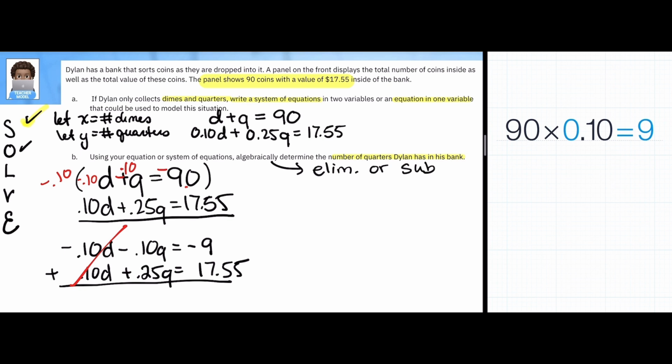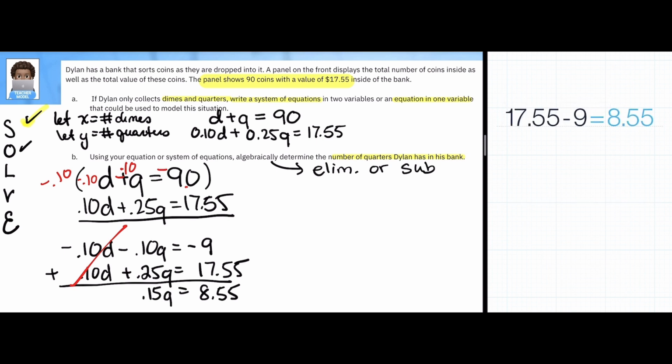This eliminates, nice and easy. 25 cents minus 10 cents gives me 15 cents. 0.15Q. And here I'm left with 8.55. Let's verify since I have a calculator. There we go, 8.55. All right, so let's solve for Q. 0.15Q is equal to 8.55.